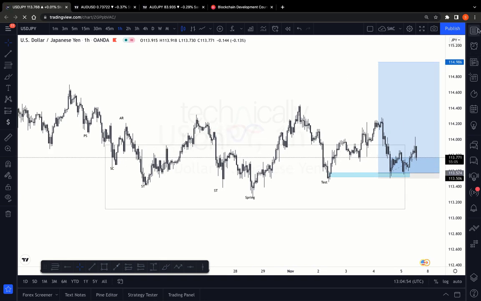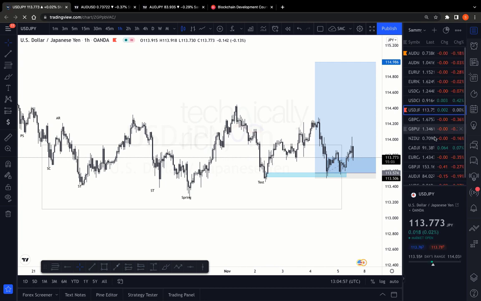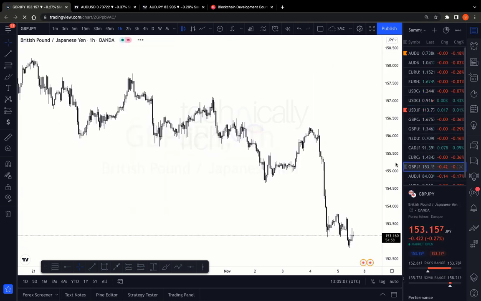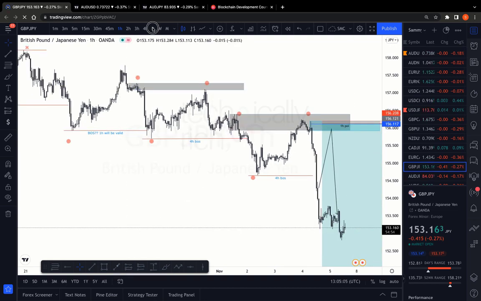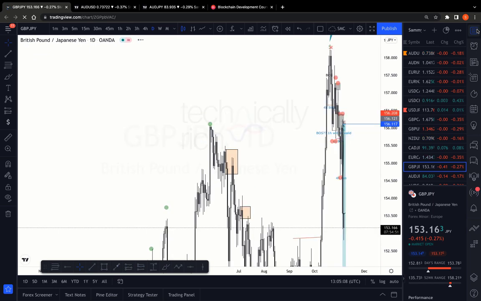So when you have the higher time frame, the same thing here.